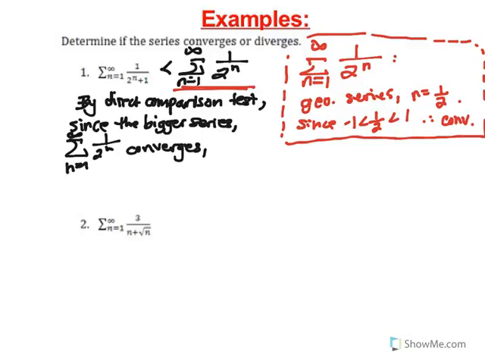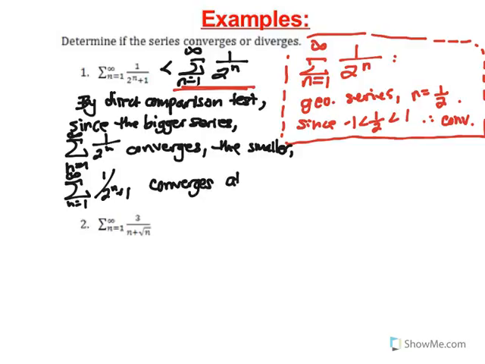Since the bigger one converges, the smaller converges also. Check. Okay? This is how the direct comparison test works.